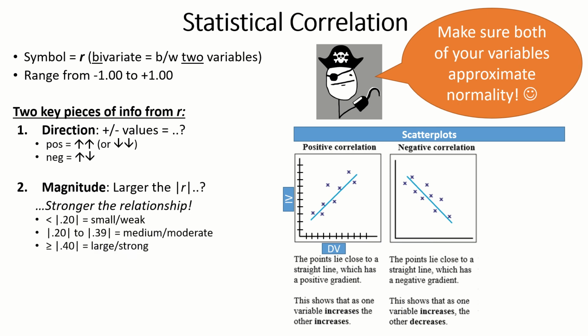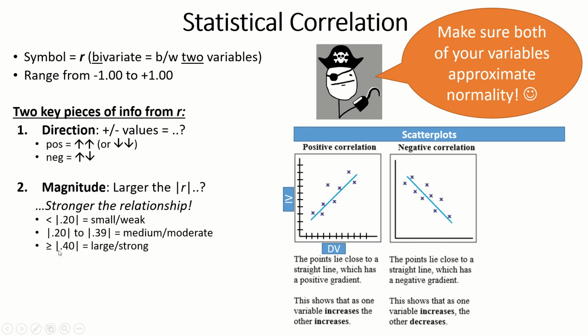And Cohen has guidelines for interpreting R values, because we've talked about magnitude before in terms of effect size. R acts as an effect size because it tells us how strong the relationship is between the two variables. When we get an R value less than 0.2, we say that's a weak relationship. 0.2 to 0.39 is a moderate relationship.